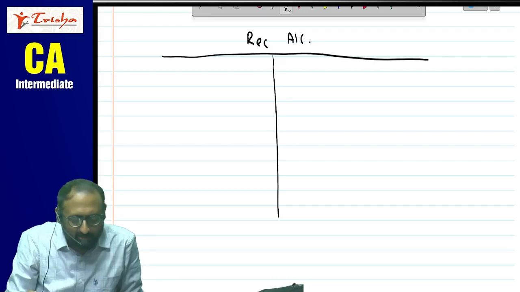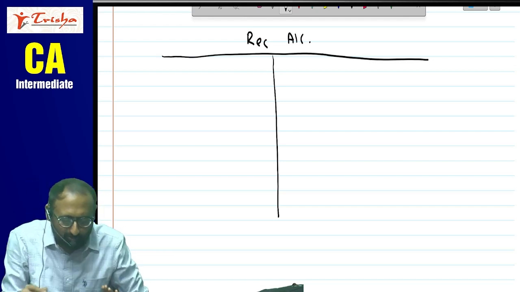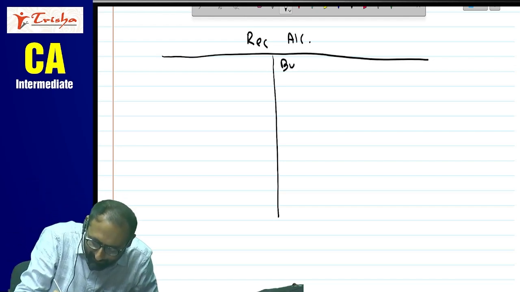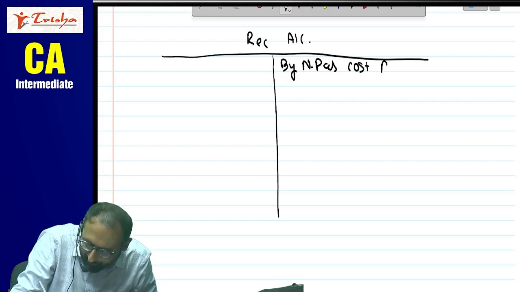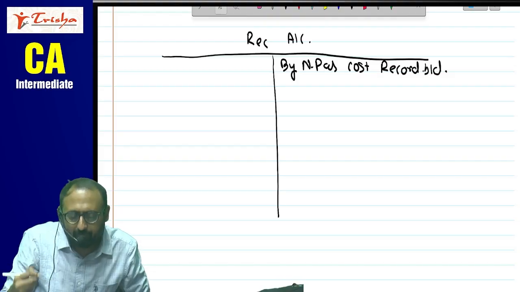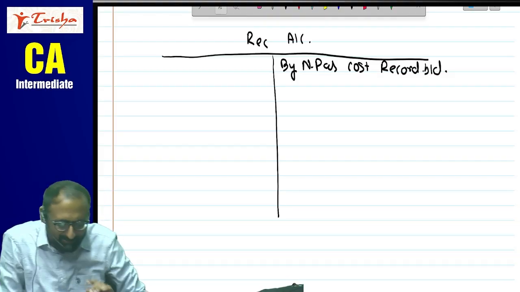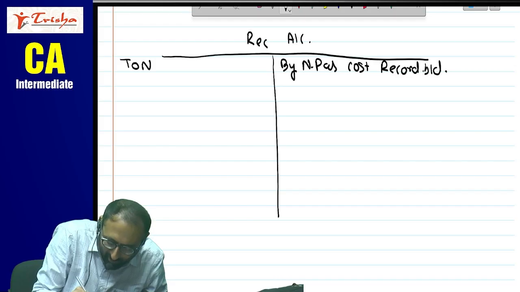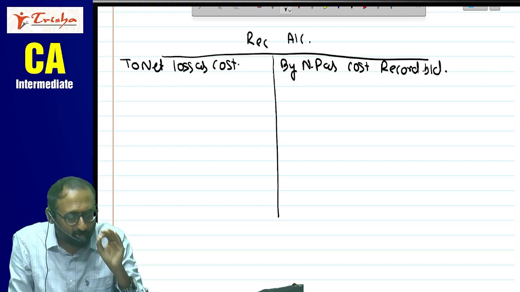So remember, if profit as per cost account is given, then you will write here: by net profit as per cost record brought down. If loss is given as per the cost record, then to net loss as per cost record.